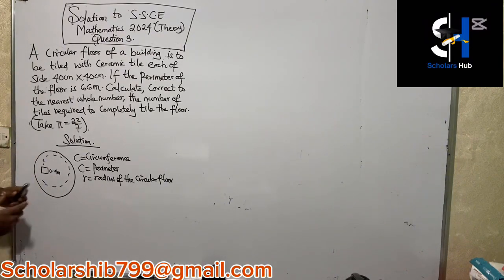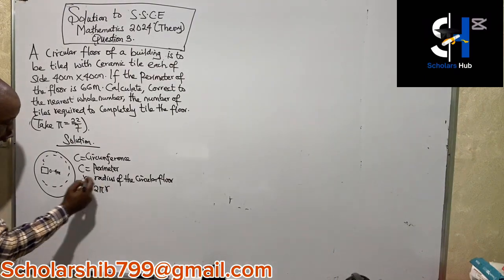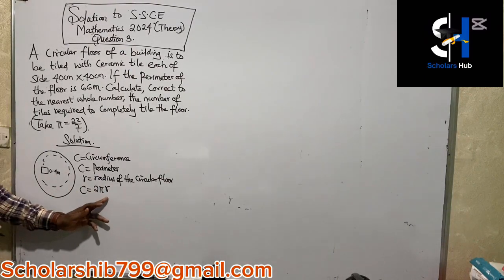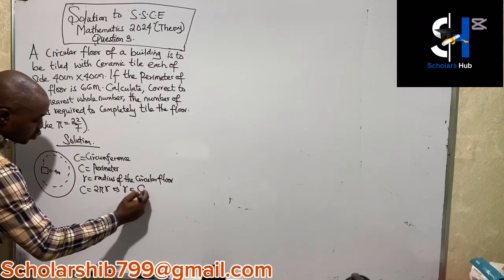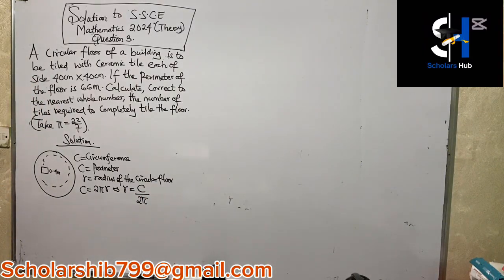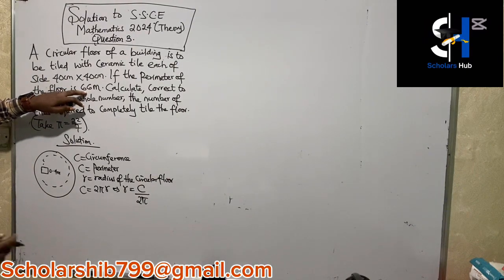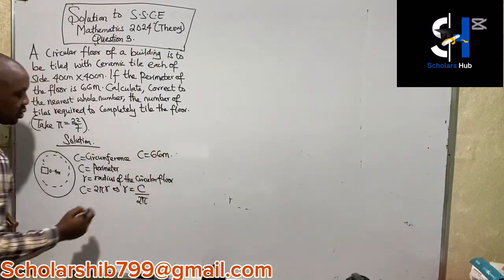In this case, the circumference of a circle is 2 pi r. Remember, we need to first find the value of r. And we know that r equals circumference over 2 pi. We are given the circumference of the circular floor, C to be 66 meters.